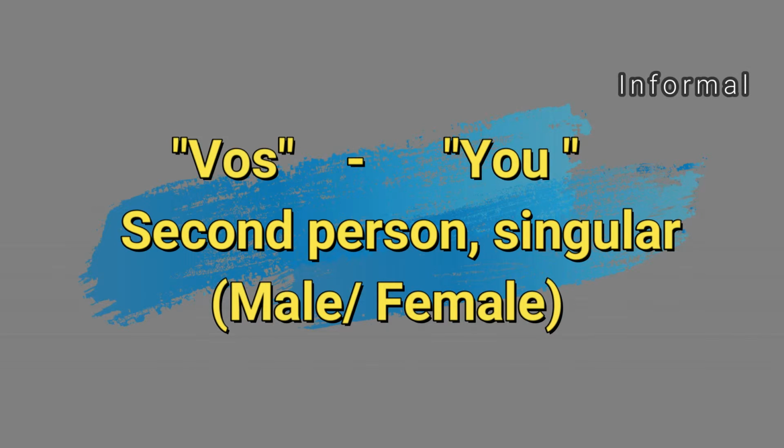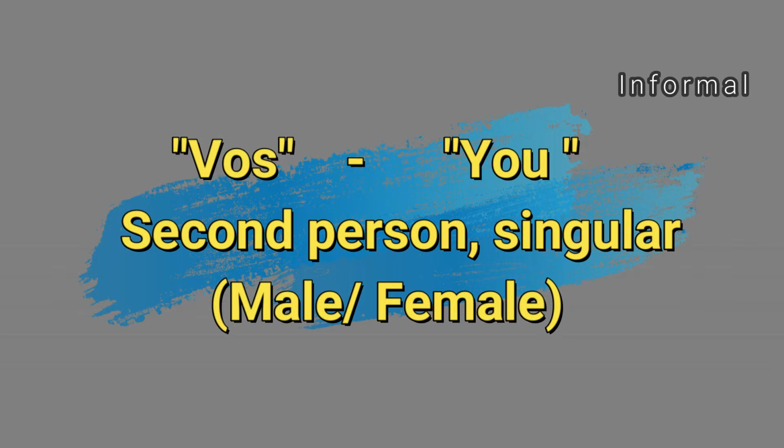So now, let's go to vos. This one is very special, to be quite honest, because not a lot of countries use it. It's a bit more informal. It's like tú, because it's second person and it's singular. You have various countries that use vos instead of tú, and you have some that don't use it at all.